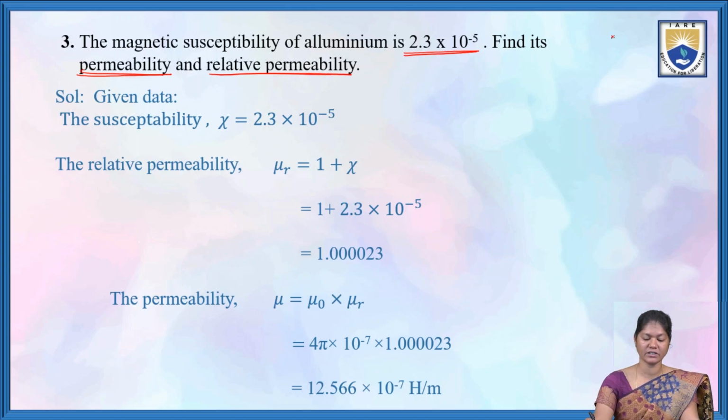So let's write the given data. The susceptibility chi is equal to 2.3 into 10 power minus 5. So the formula for relative permeability, mu r is equal to 1 plus chi. So chi value has been given. So it is equal to 1 plus 2.3 into 10 power minus 5.